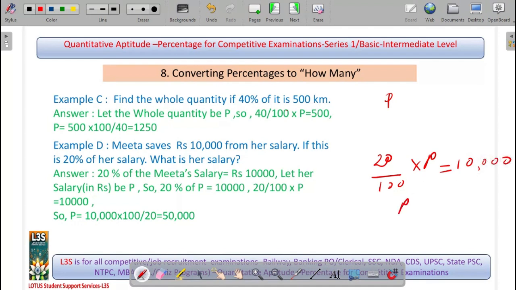So P will be 10,000 into 5, that means 50,000. This is the total salary, and 20% is 10,000, and her expenditure will then be 50,000 minus 10,000. That will be 40,000.